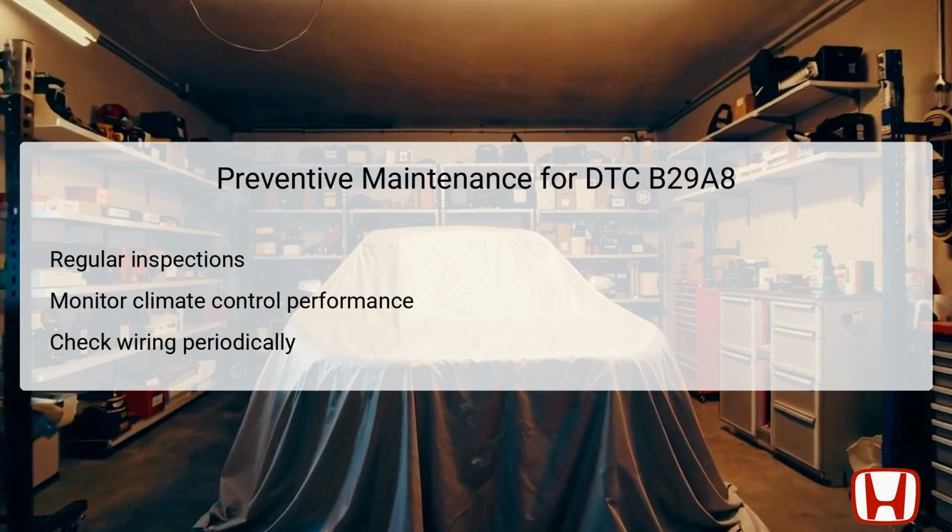Additionally, a periodic inspection of the wiring and connections related to the rear mode control motor can prevent electrical failures, ensuring that signals are transmitted effectively. Staying proactive in maintenance can lead to consistent performance and extend the life of both the climate control system and the vehicle as a whole.